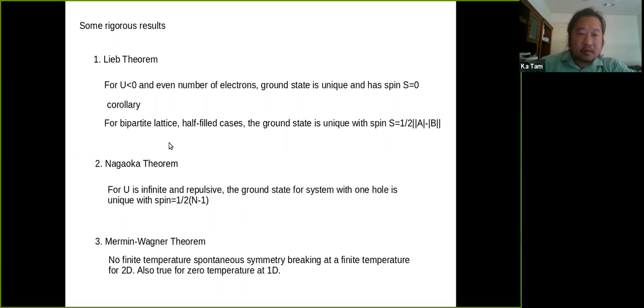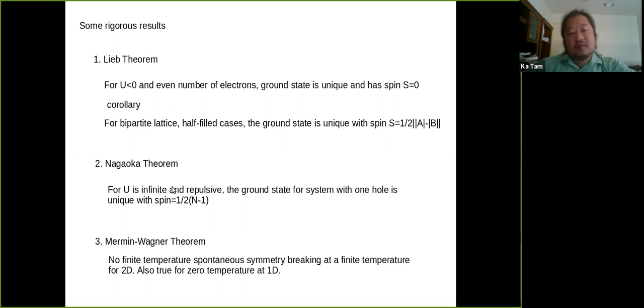Another exact result, which people sometimes talk about, but which is probably more academic in most cases, because it may be a singular limit for the Hubbard model, is called the Nagaoka theorem.